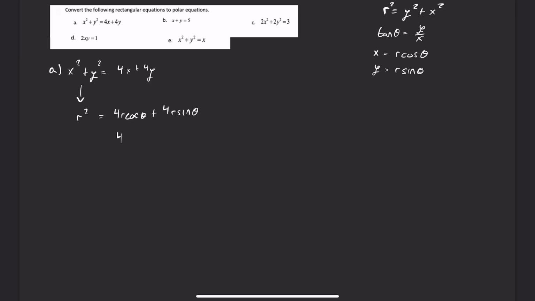So factoring out an r, we have r times 4 cosine theta plus 4 sine theta equals r squared. And now, dividing by r, we have r is equal to 4 cosine theta plus 4 sine theta. And that's your answer.